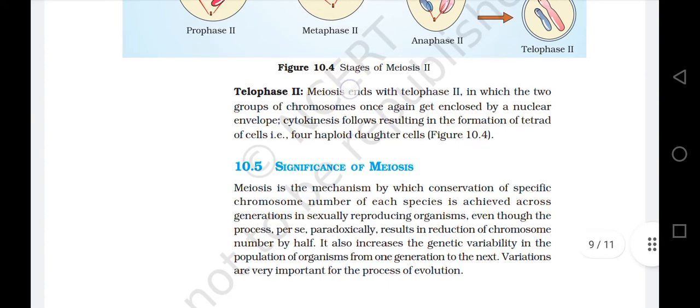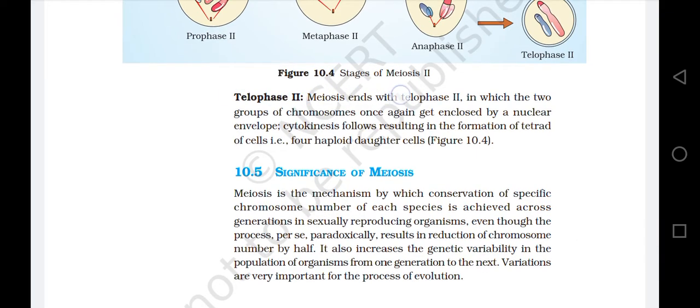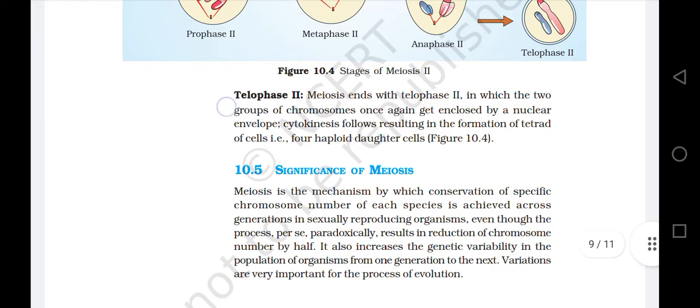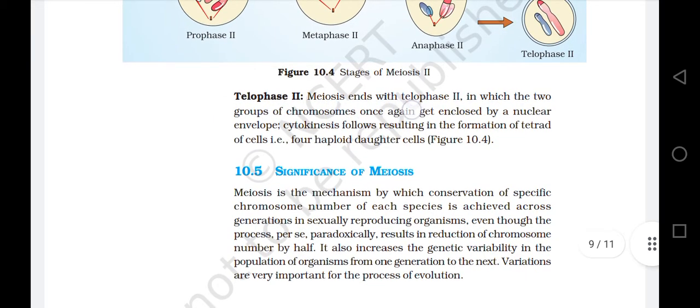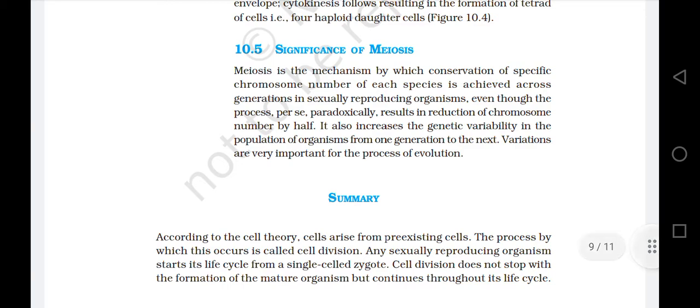Meiosis ends with telophase, in which the two groups of chromosomes once again get enclosed by a nuclear envelope. Cytokinesis follows, resulting in the formation of tetrad of cells, that is, four haploid daughter cells.